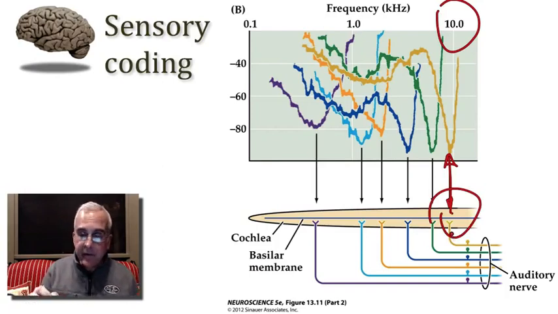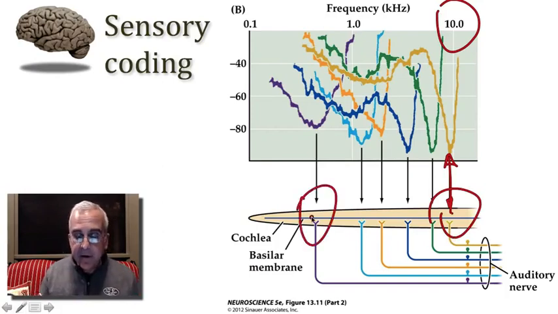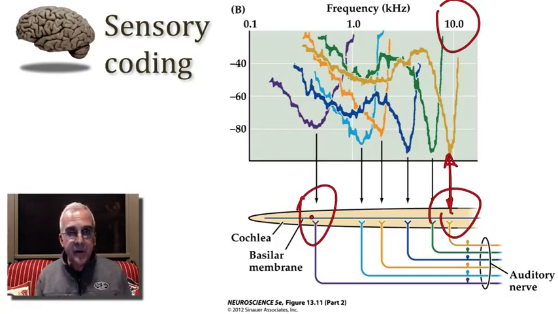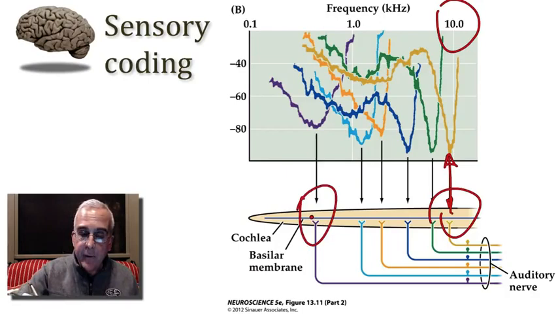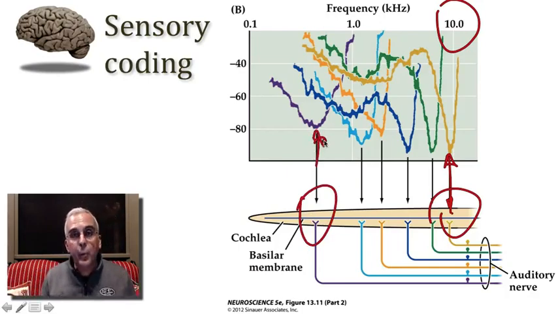Meanwhile, way at the other end of the cochlea, here is an axon that's innervating some domain of the basilar membrane that's closer to the apex, and we find a much lower best frequency, much less than 1 kilohertz. Well, I should have made this point earlier, but for us humans, we're sensitive to sound over a range from about 20 hertz to about 20 kilohertz.